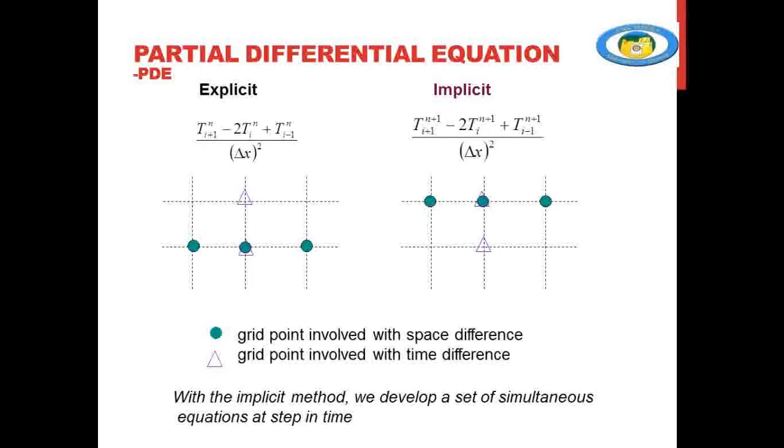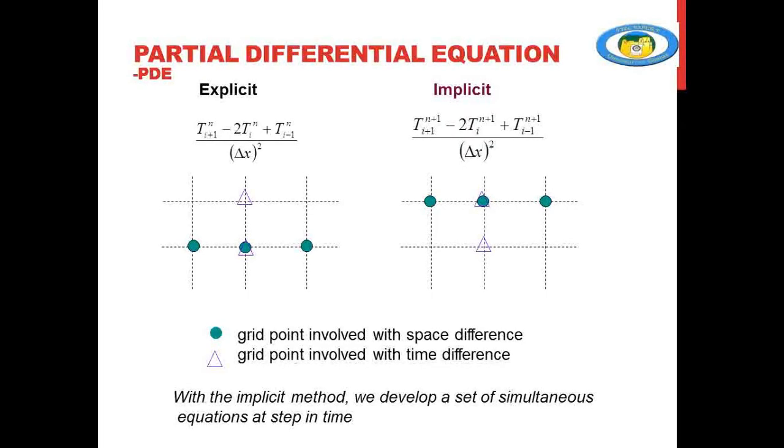But in the case of implicit schemes, in the spatial derivatives, you're going to find out the values at the n plus 1 node using the values at the unknown temporal scale. So it requires developing a set of simultaneous equations.